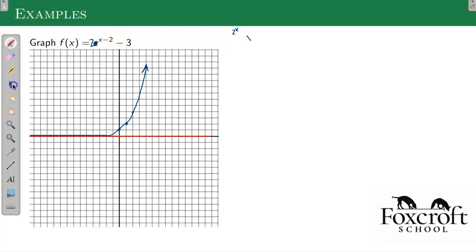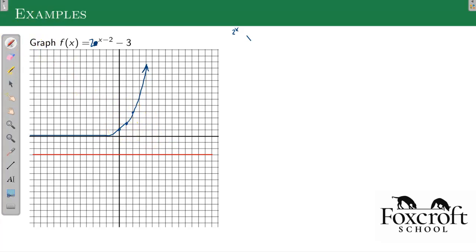The interesting thing we learned with exponentials is that when the graph moves down, the horizontal asymptote also moves down, so it's going to move down 3. Now my horizontal asymptote is down there because the whole graph moved down 3. For some reason it won't let me drag the whole thing, so I'll just draw it again.